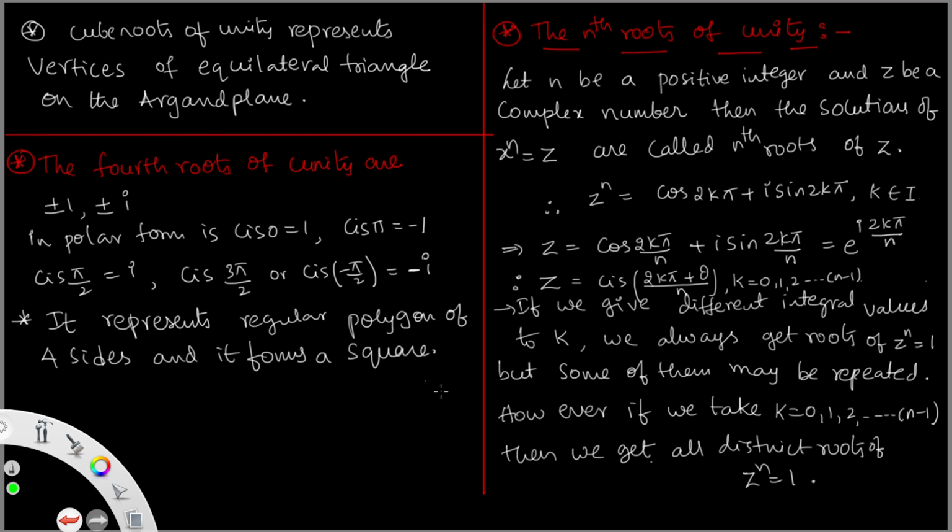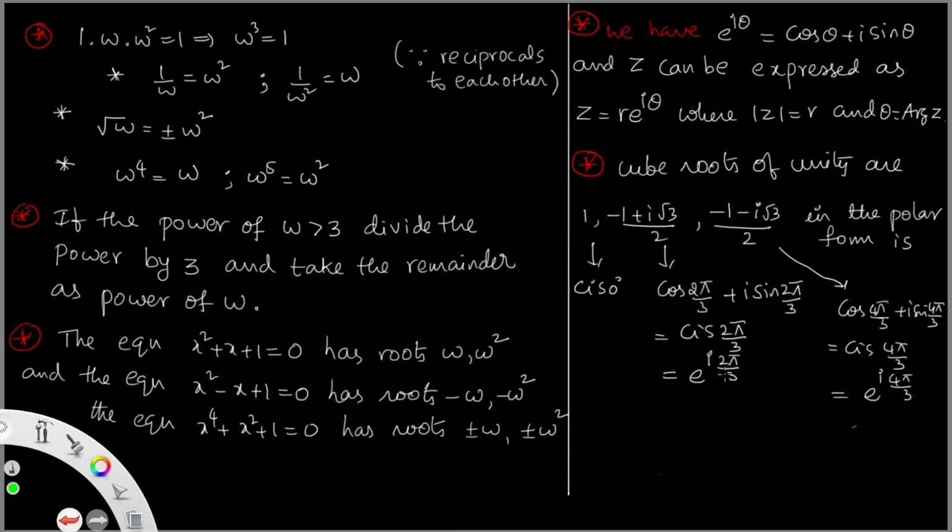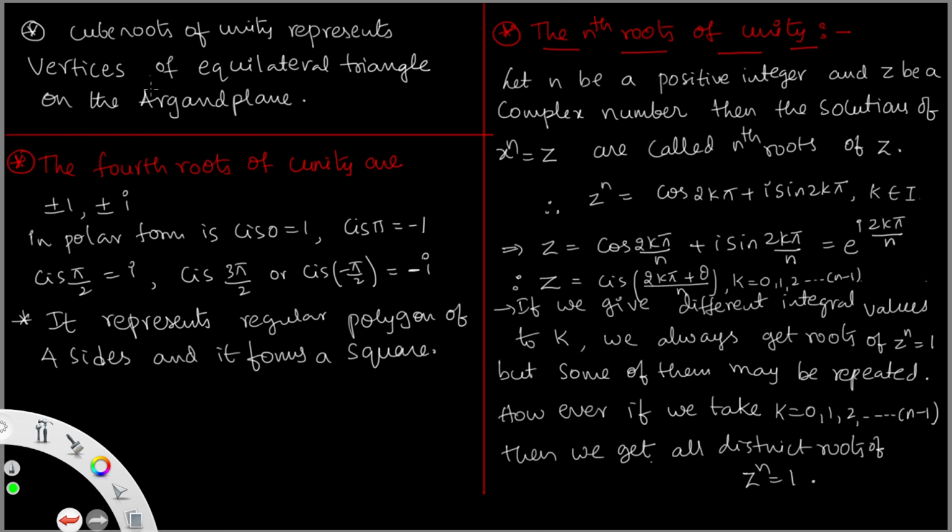The angle is what we explained before, 2 pi by 3, that is 120 degrees, and the remaining angles are also 120 each. So the angles made become 60, 60, 60, which forms an equilateral triangle. So the cube roots of unity represent the vertices of an equilateral triangle on the Argand plane, and the cube roots of unity are over.